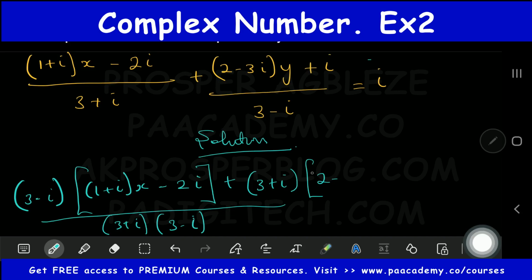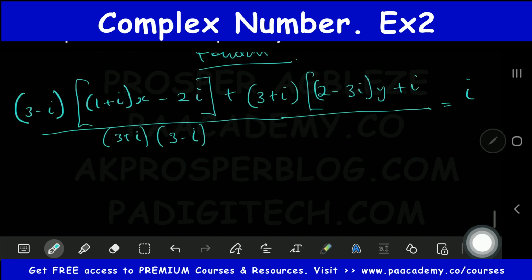That will be 2 minus 3i, then y plus i equals to i. All right, so what we want to do now is to open the bracket and cross multiply, because you can see we have different brackets and square brackets. So let me write it here: open brackets and cross multiply.